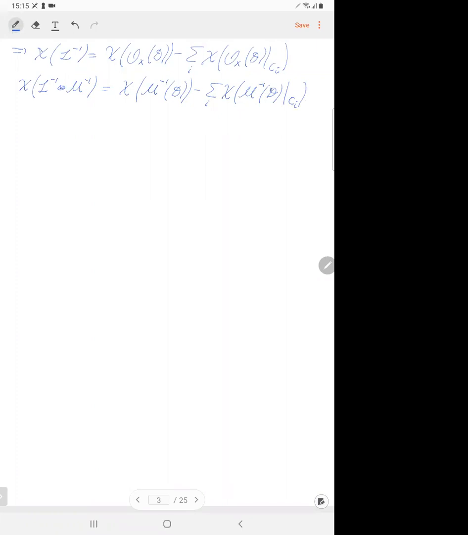Okay, and now we compute this pairing of L and M, and just by definition, this is the Euler characteristic of the ambient surface minus the Euler characteristic of L inverse minus the Euler characteristic of M inverse plus the Euler characteristic of their tensor product.